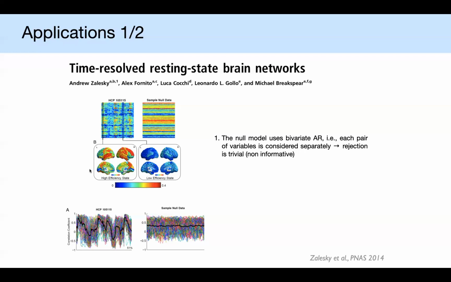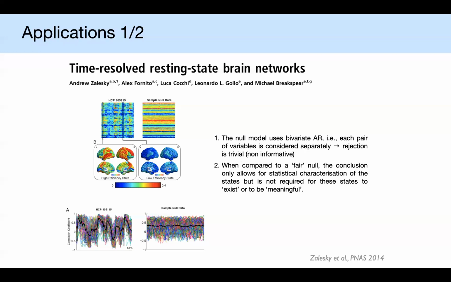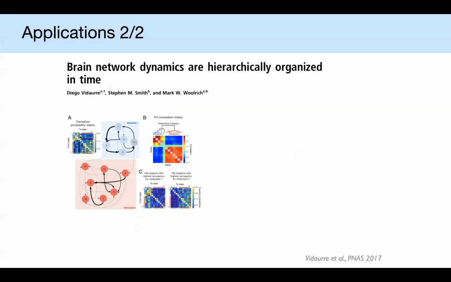It's just not well represented by bivariate AR. What we showed in our comparison between original and multivariate AR nulls is just that these states are well captured, hidden within this AR1 representation of fMRI time series.